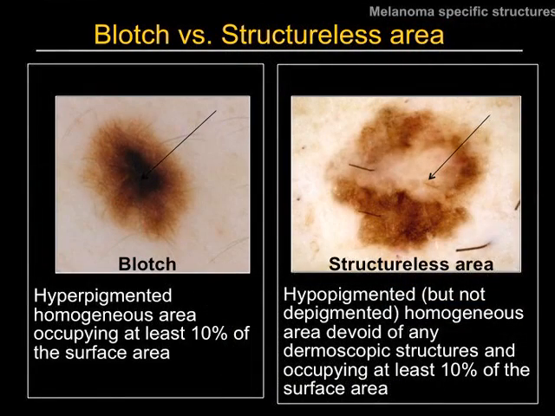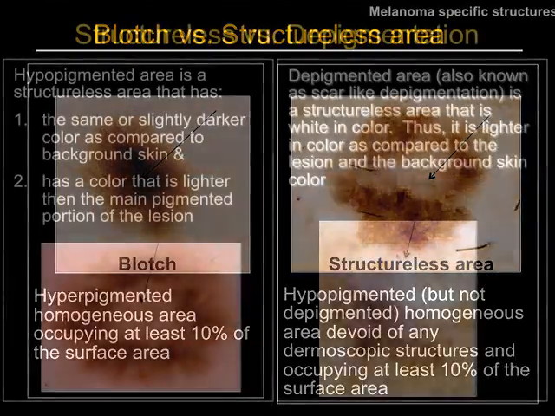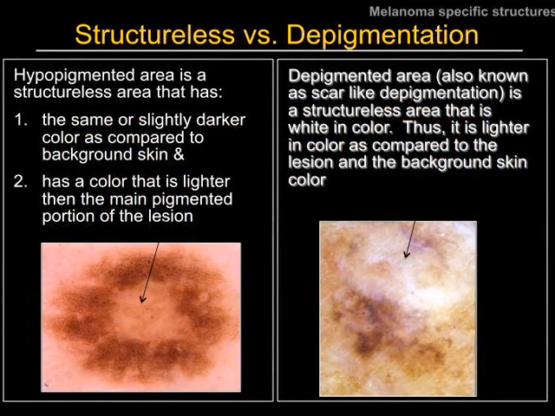So that's a blotch, and that's a structureless area, okay? Both of them are kind of homogeneous, right? But when you read the term homogeneous, it's really referring to this, not that. And then structureless versus depigmented, okay?